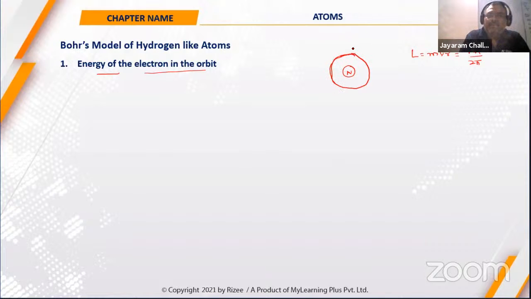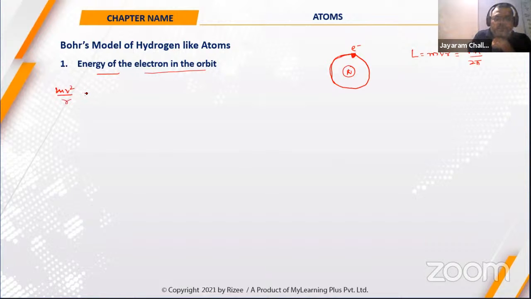So consider an electron which is moving around the nucleus, and the nucleus is a positively charged one. Since this electron is moving in a circular orbit, it will possess a centripetal force, and that centripetal force can be written as mv square by r.